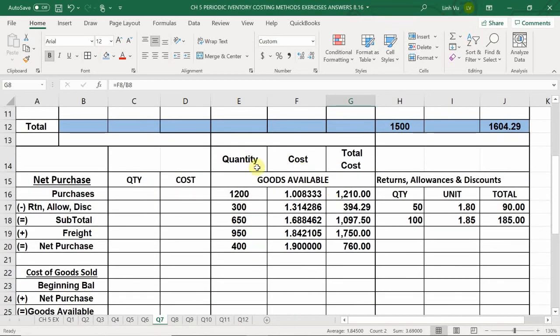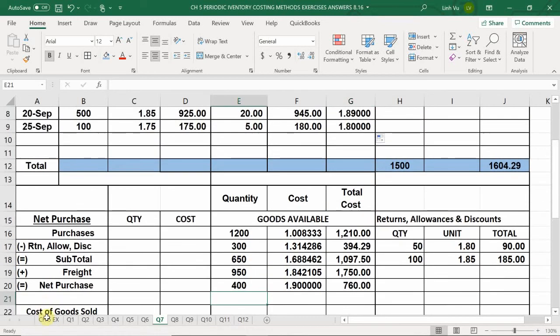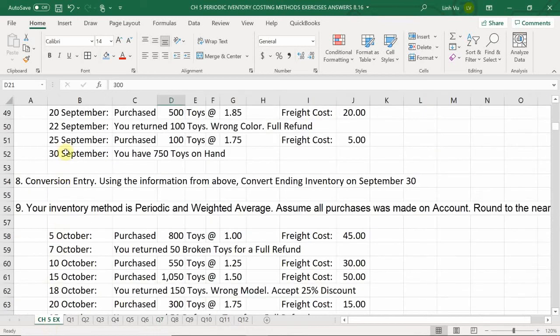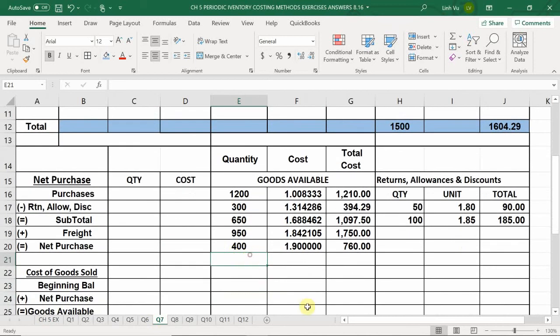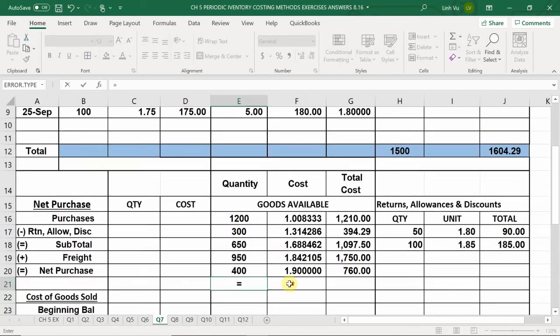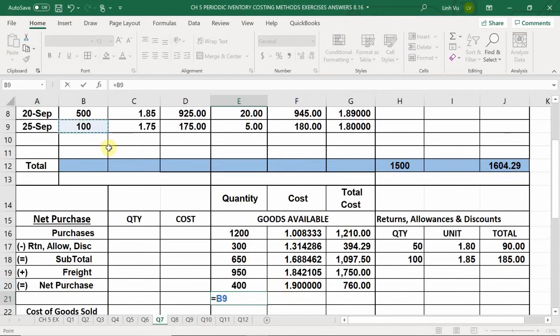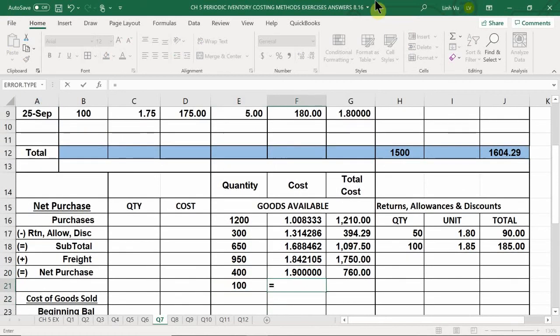It's going to be $1.80 because we know, right, at the end of the month, on September 30th, you should have a total of 750 toys left on hand. Okay, so therefore, we're going to carry that last 100 over in our batch of inventory. Okay, carry the 100 over at $1.80, which should be a total of $180.